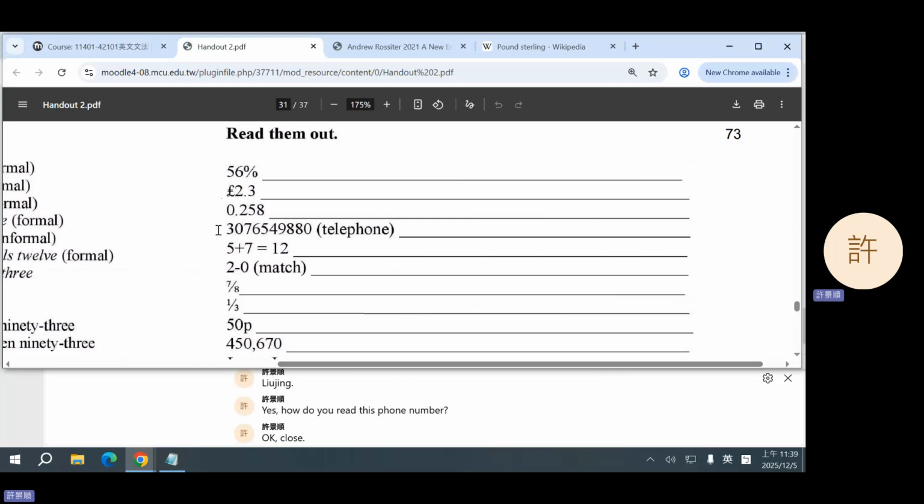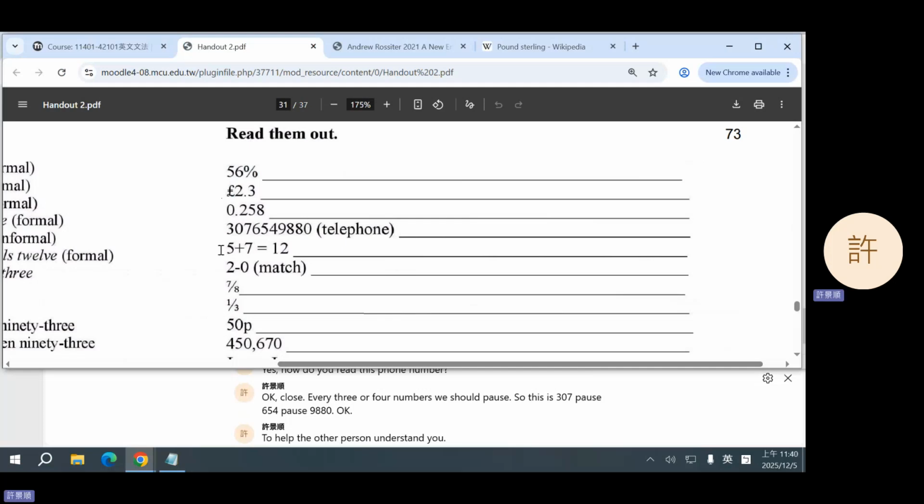Every 3 or 4 numbers, we should pause. So this is 307, pause, 654, pause, 9880. Okay? 就中间停顿一下 to help the other person understand you.